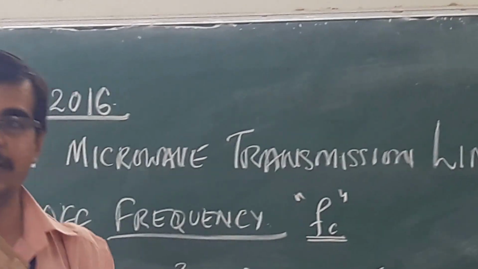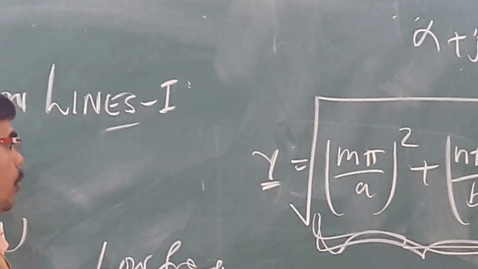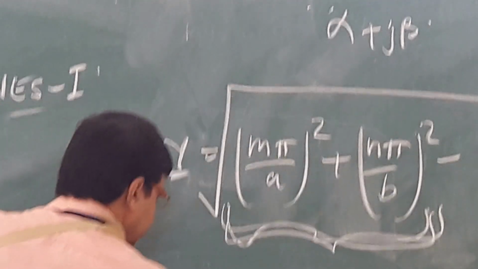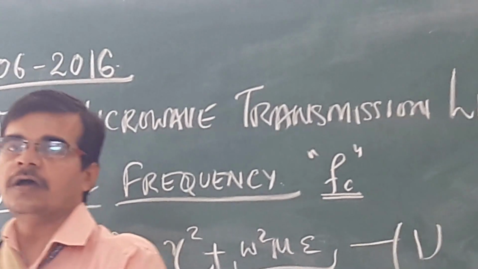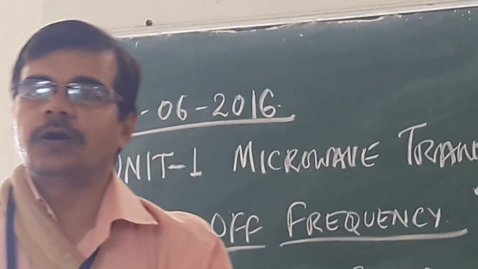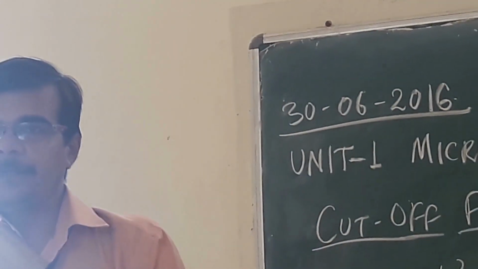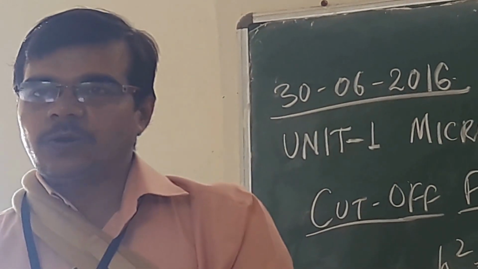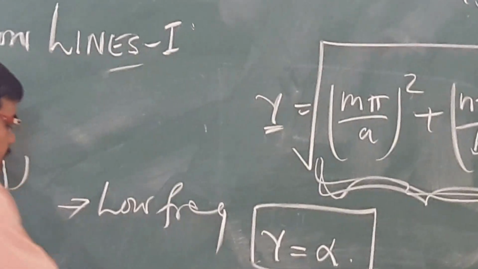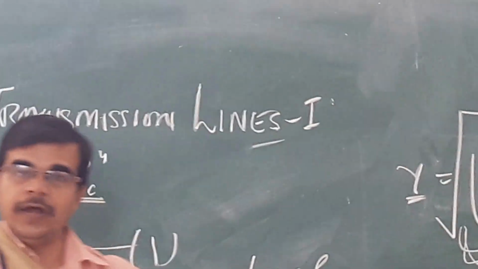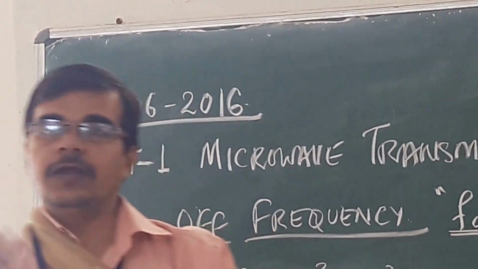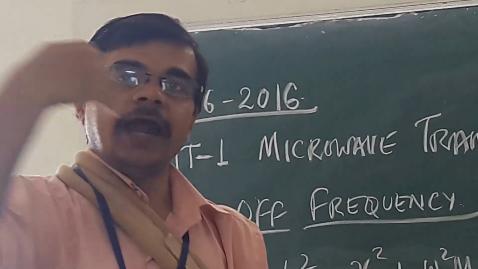So when we are transferring the low frequency signal, we will have your propagation constant equal to alpha, and alpha is an attenuation constant. So whenever we are transferring the low frequency signal through the waveguide, all the wave will be attenuated in the waveguide and we will not get any signal at the output of it.